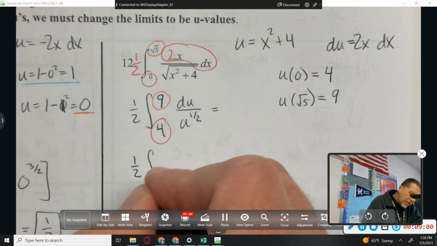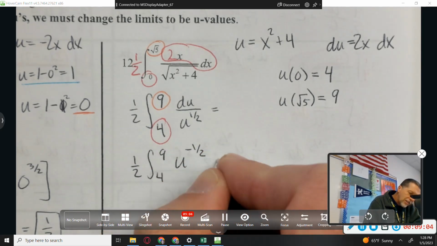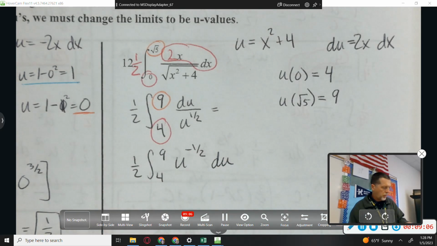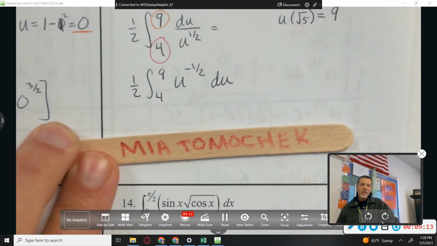So 1/2 integral from 4 to 9. I'm going to rewrite that as u to the negative 1/2 du. And then I'm going to let Mia tell me what the antiderivative of u to the negative 1/2 is.